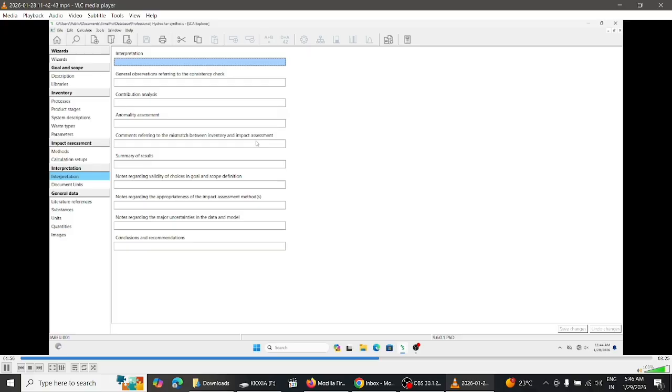So in the first part of the tutorial, we will be talking generally about what life cycle assessment is, as I explained earlier, and then we will also make a tour of the life cycle assessment software.